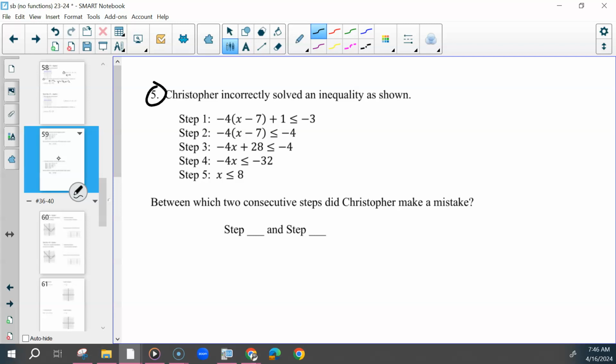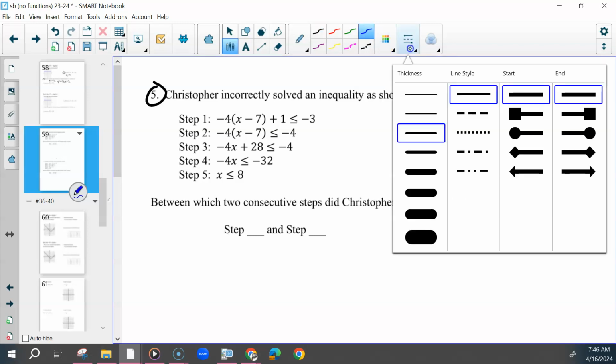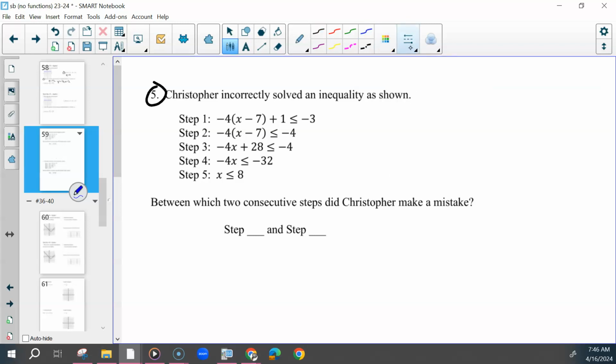He incorrectly solved this inequality, and we have to find between what 2 steps. So from step 1 to step 2, he moved 1 over, and that's fine. That's not what we would normally do, but we could do that. Step 2 to step 3, he distributed, and this should be negative 4x and positive 28, so that's good. Step 3 to step 4, he subtracted 28 to get negative 32, so that's good.